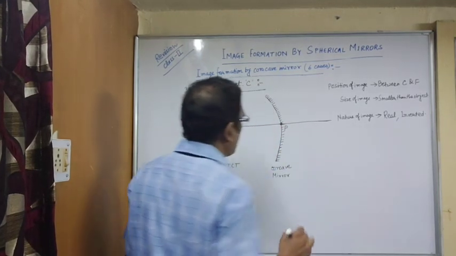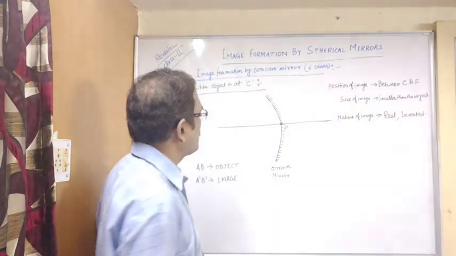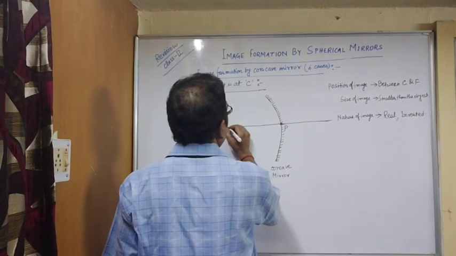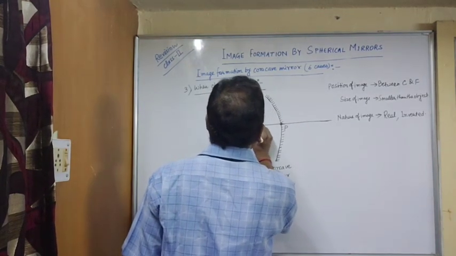So again we have drawn a concave mirror and the principal axis. So mark the point C and F.